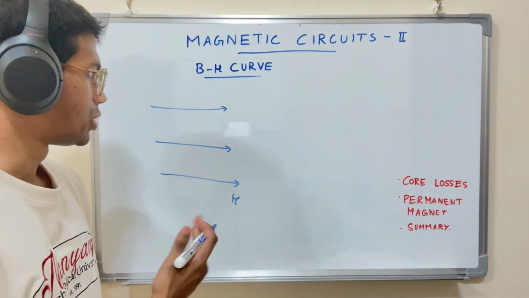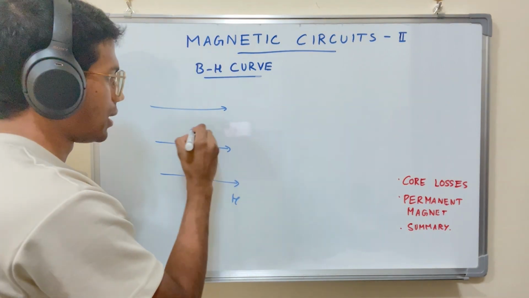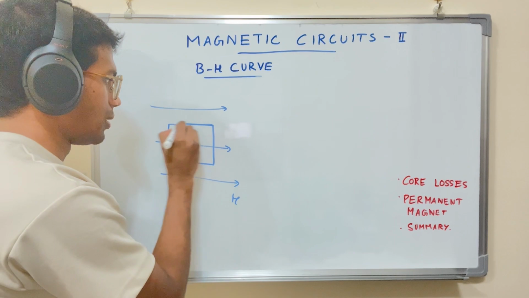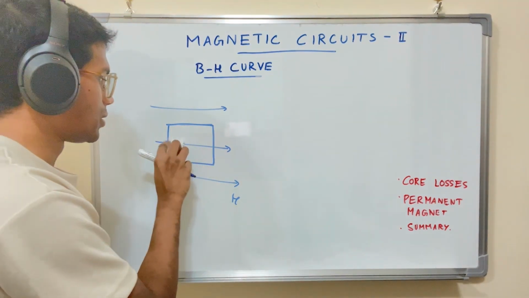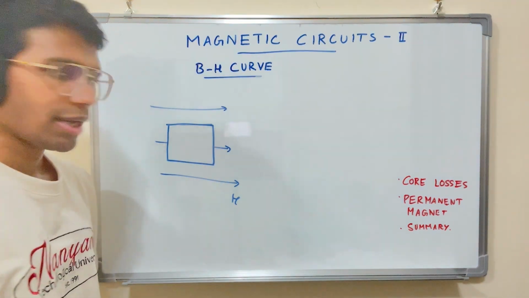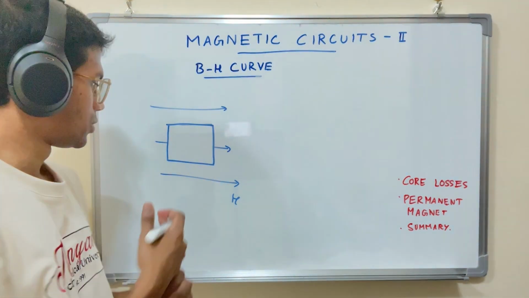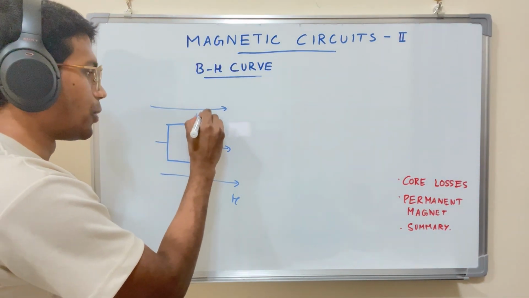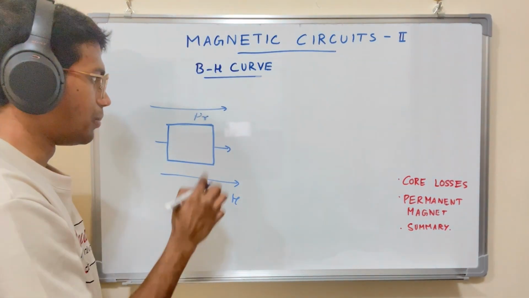We could produce an H, and when a magnetic material is placed within this magnetizing force H, it's going to cause a B to be produced inside of the body, with relation to the mu r of the body.